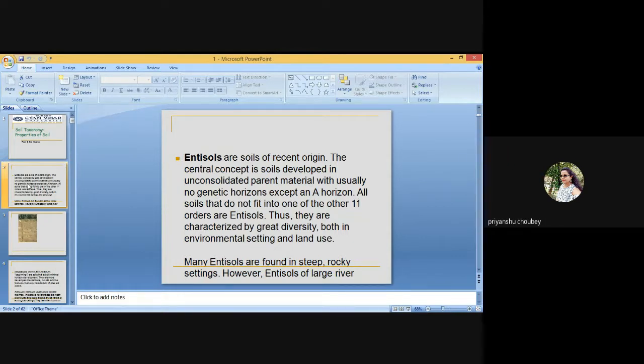Vertisol: also a Latin word, verto means turn, solum, soil, the soil which churns or inverts. Detailed information about formative elements and their meaning at each category level is available elsewhere.